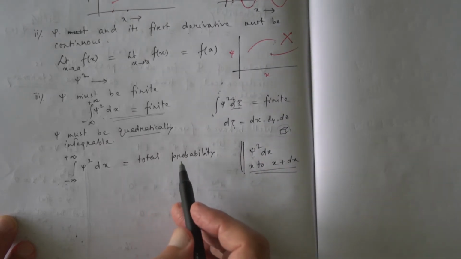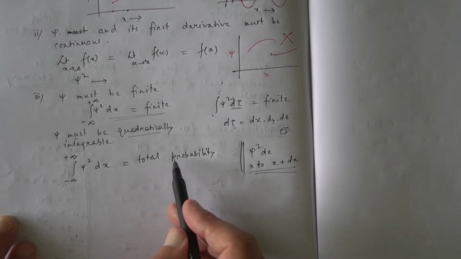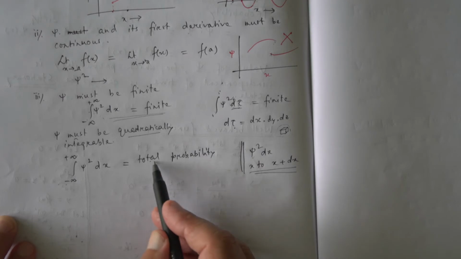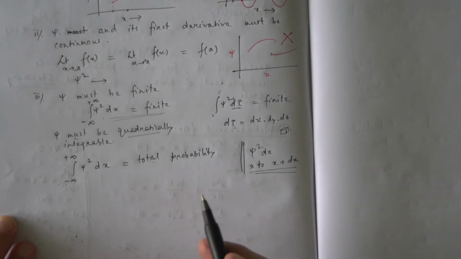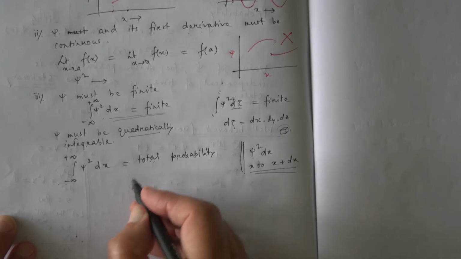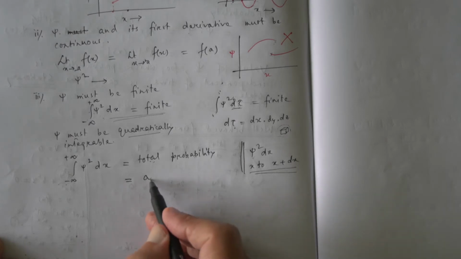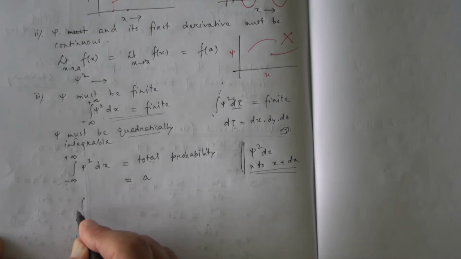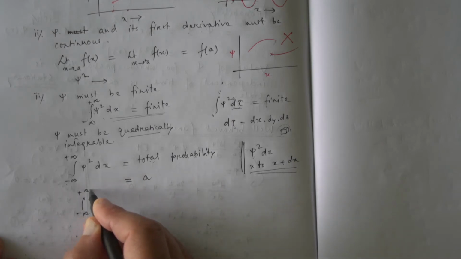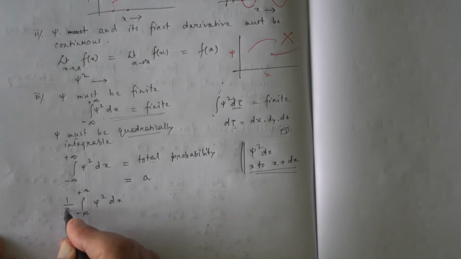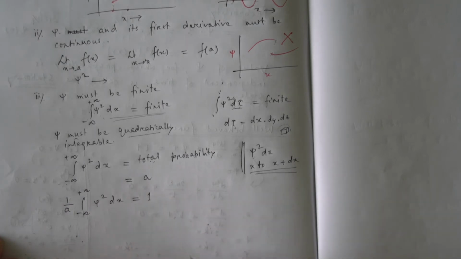Now, total probability cannot be infinity. Maximum value of probability is 1. So it cannot be infinity. Now if we assume that this is equal to A, a finite quantity, then we can write minus infinity to plus infinity psi square dx times 1 by A equal to 1.